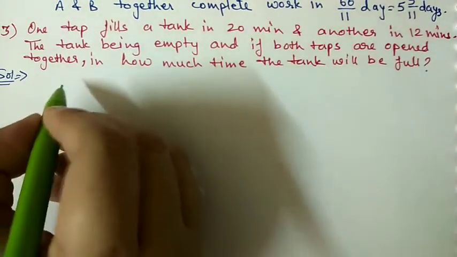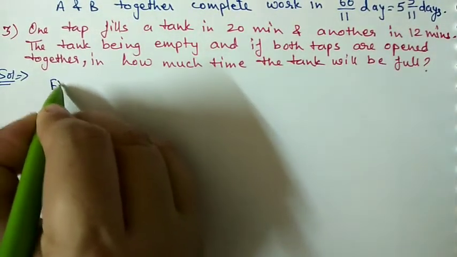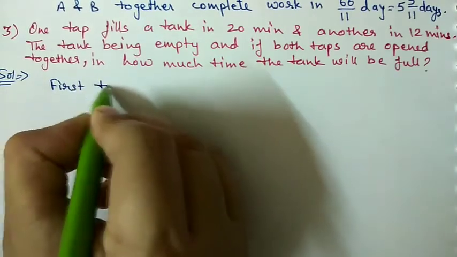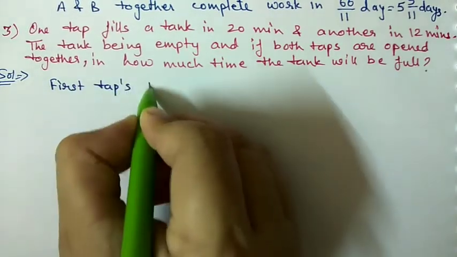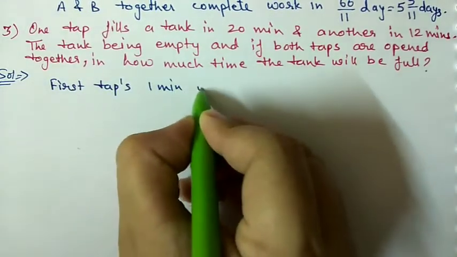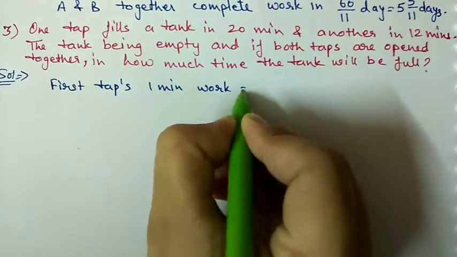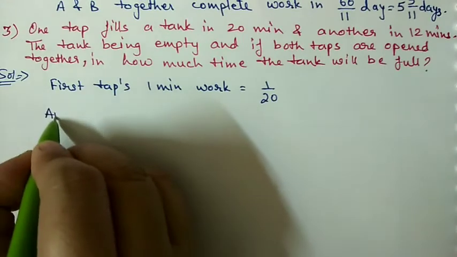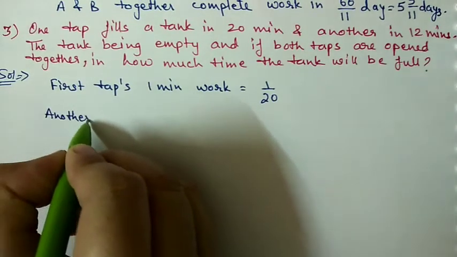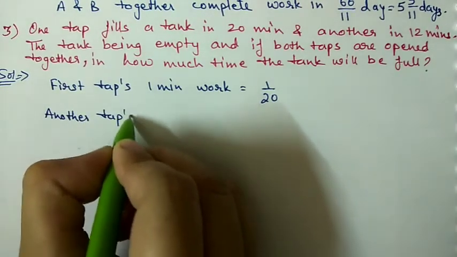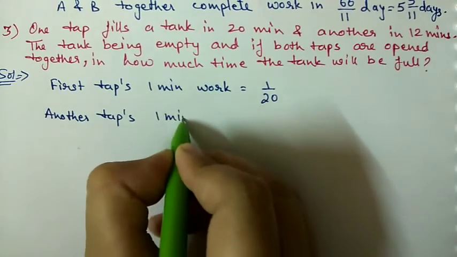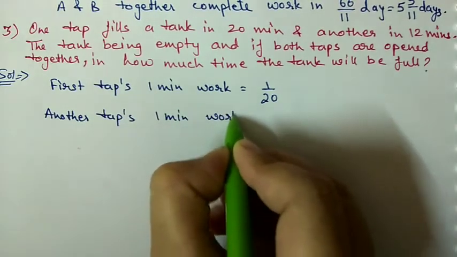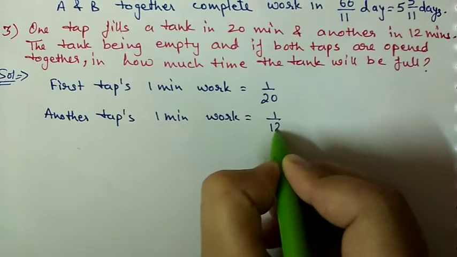So first tap's 1 minute work will be 1 by 20, and another tap's 1 minute work will be 1 by 12.